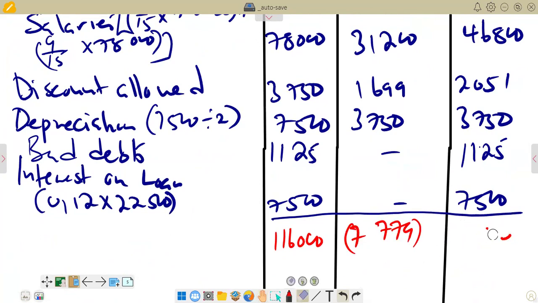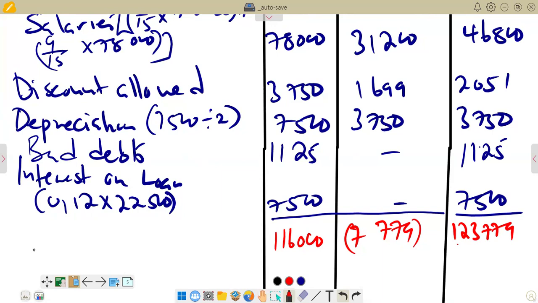123,779. So here we see 123,779. So we now see this one is a positive, this one is a positive. So show it as a positive figure. So if you add the two, negative 7,779 plus positive 123,779, it's 116,000.